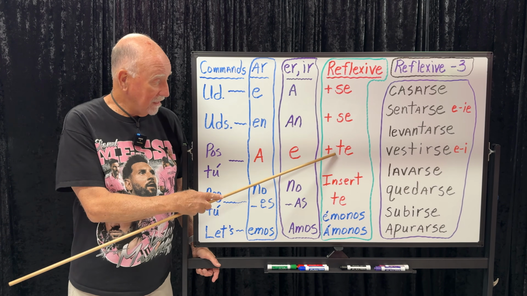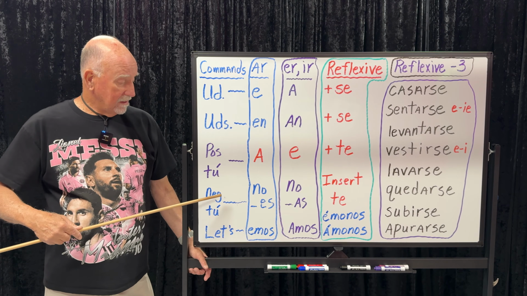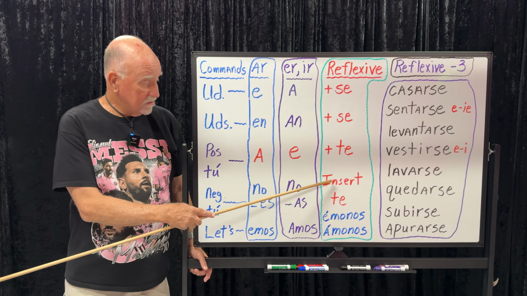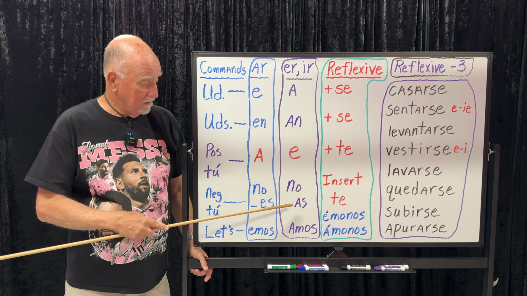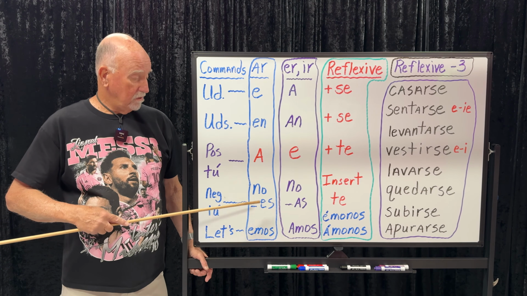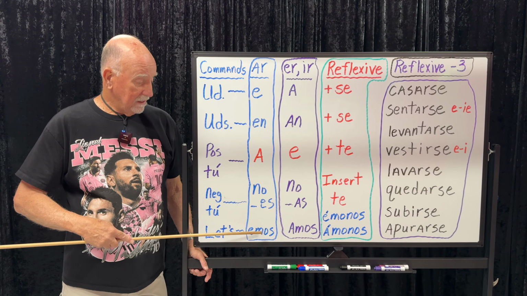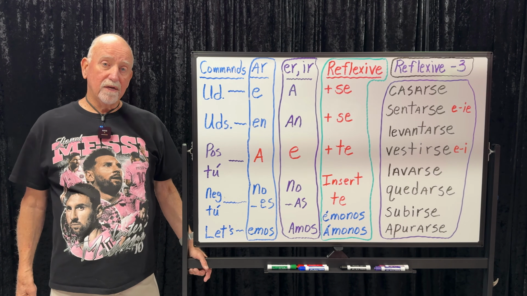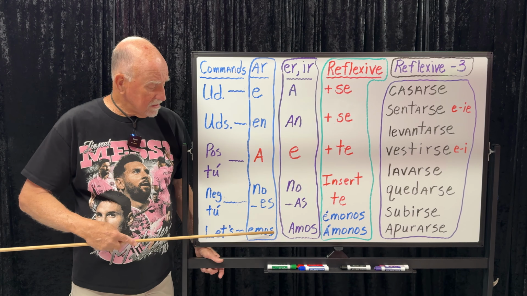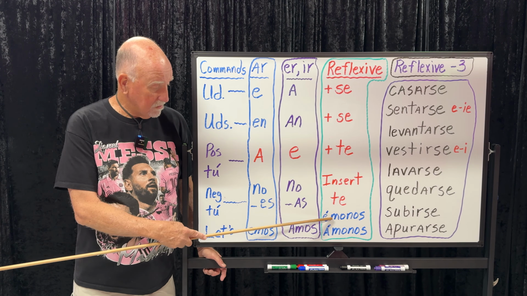Cásate. You add te. If you want to tell your friend not to get married, you would insert the te between the no and then the verb right here. So don't get married would be no te cases to a friend. Now this is interesting. When you want to say let's get married, notice that the amos becomes émonos.